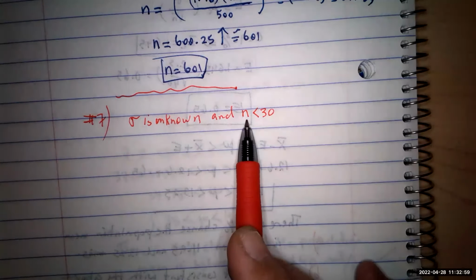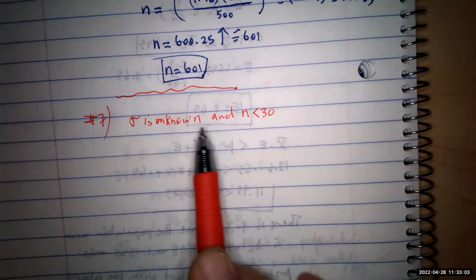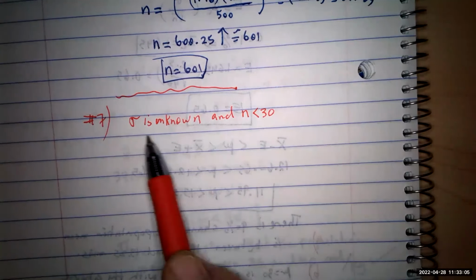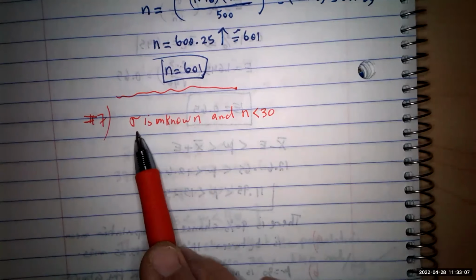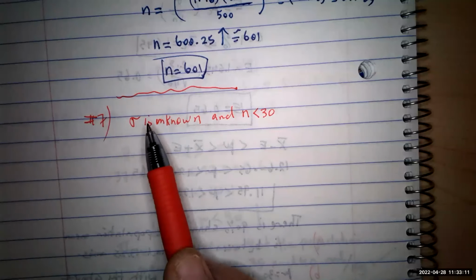But if the sigma is not given to you and the sample size is less than 30, then you cannot use the z-score. So if you have any doubt about the sigma, you look at the sample size. If the sample size is big, whatever it is, you can call it sigma. But if it is less than 30 and the sigma is not given to you, any standard deviation would be the sample one.